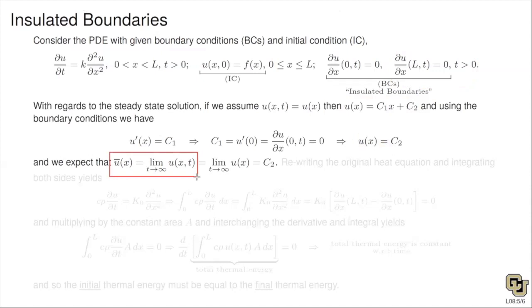Here we're assuming our temperature is not a function of time, so if we send t to infinity, it's just going to equal this constant. So we're expecting our steady state solution to be some type of constant. That constant is going to be the average temperature of f of x.